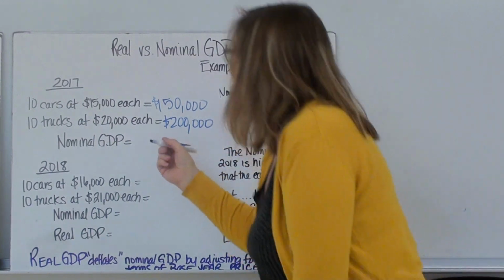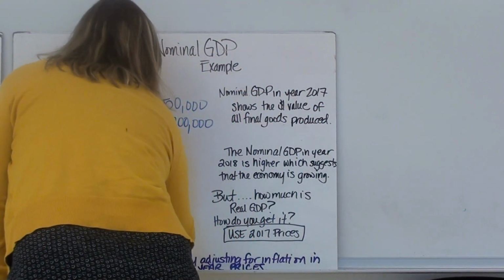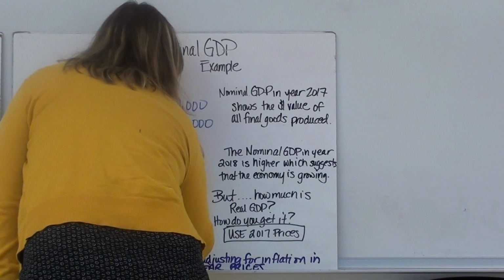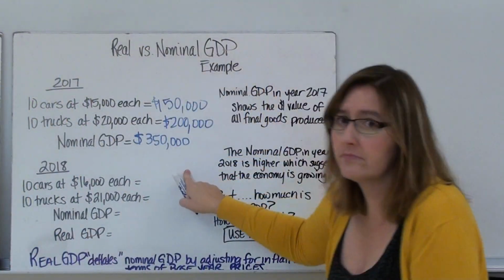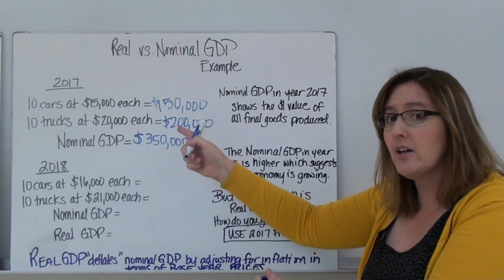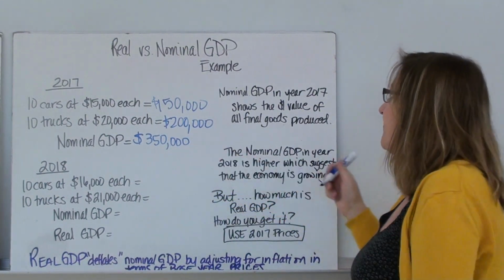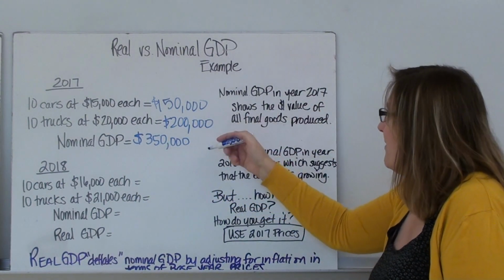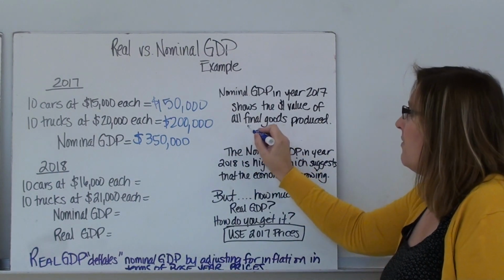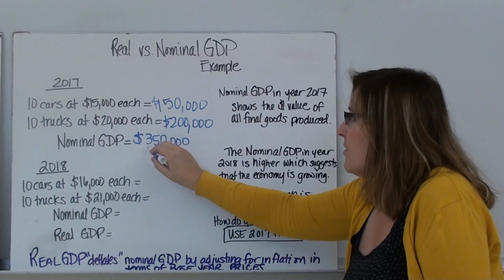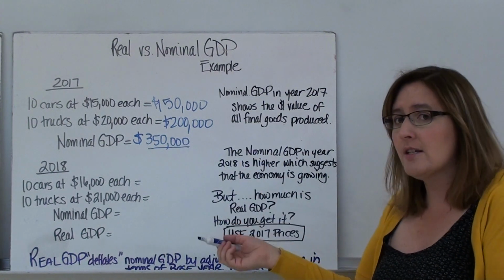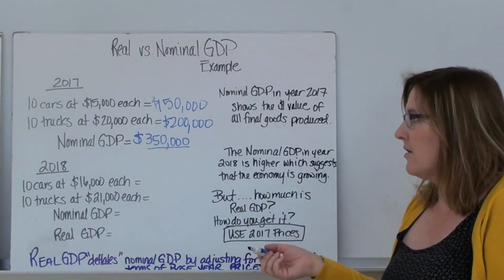We add those two together, and GDP that year is 350,000. So if this is the only thing that that country produced, then this is their gross domestic product for that year. So again, nominal GDP in 2017 shows the dollar value of all final goods and services produced. So the dollar value of the cars and trucks that were produced was $350,000.